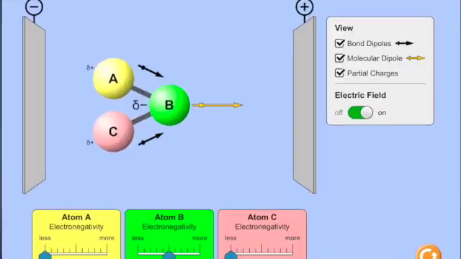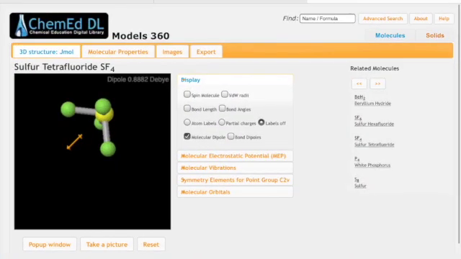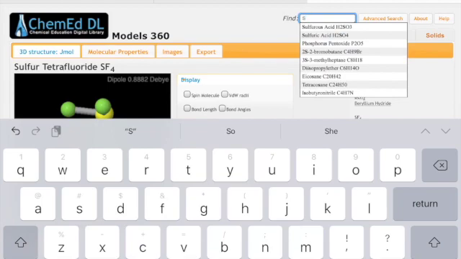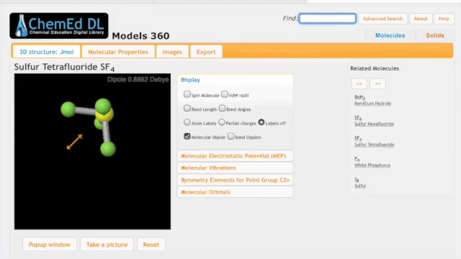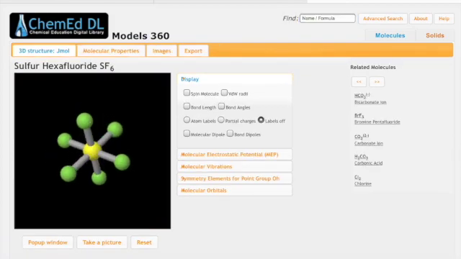The next one was H2S. That's going to be like H2O. SeF6. I don't know if they have that one, but they do have SF6, which is the same shape. We can see that's nonpolar.